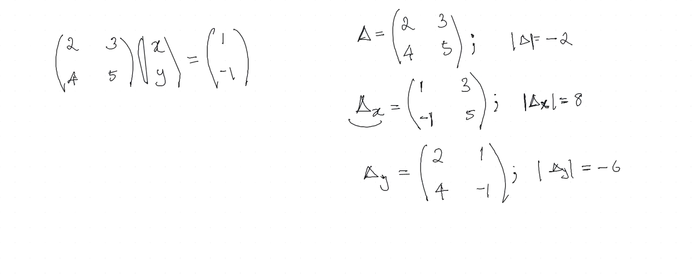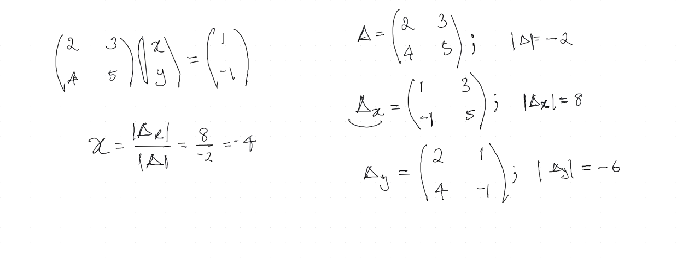So once we found all these, x is calculated by simply the determinant of delta x divided by the determinant of delta. So this will become minus 8 over minus 2, that will be minus 4.